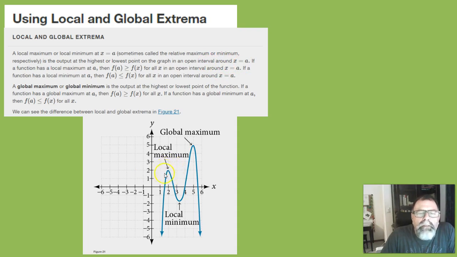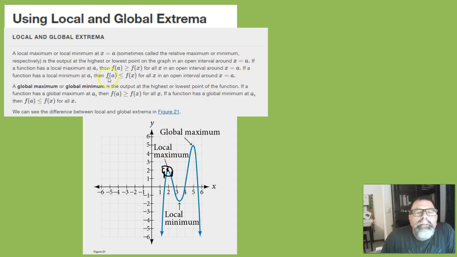If I zoom in and look at where I'm circling here, between, say, this spot and this spot, that's going to give me a maximum for all the x values in between those two, between a and b, is usually what we say.